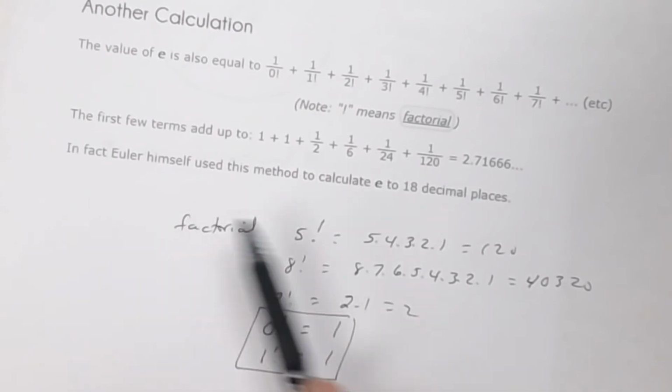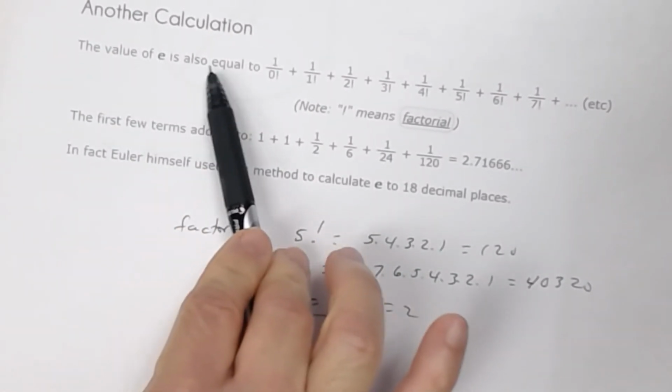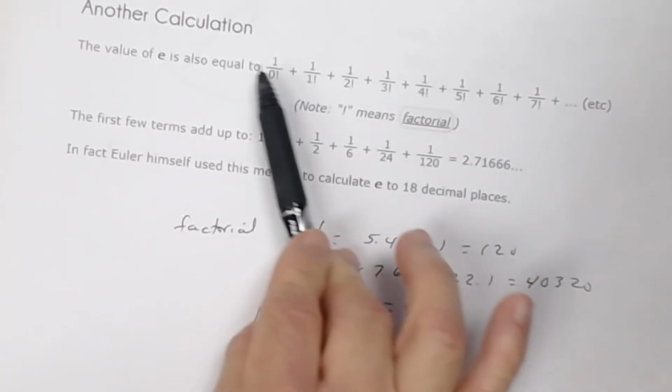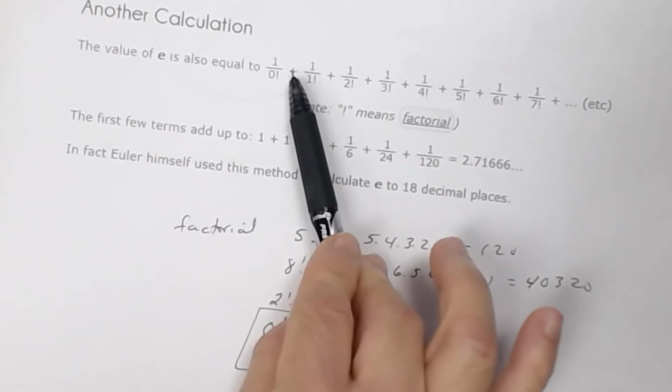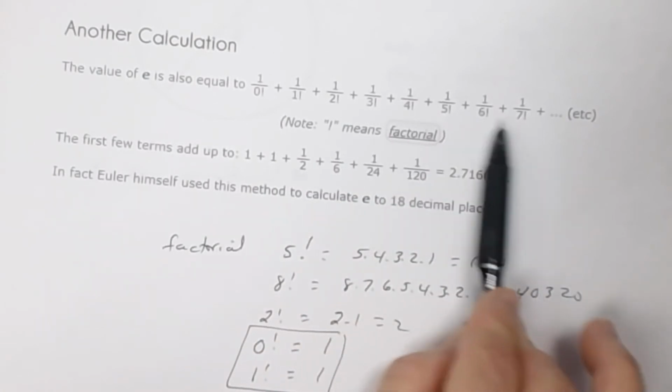Okay? But here's the idea, though. Euler used this method right here. He realized the value of e is also equal to this expression. And when you take calculus, probably the second calculus, if that's part of your major, then you're going to see this expression again.